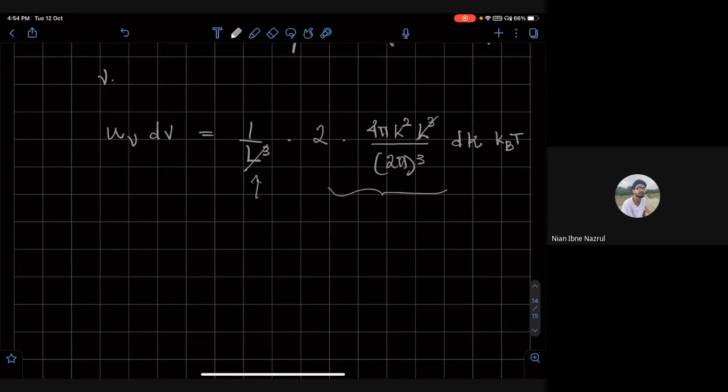So if I do this, this thing and this thing is going to give me 8 pi, and there's another 8 here, so we get 8 pi cubed, and then we have k squared dk.